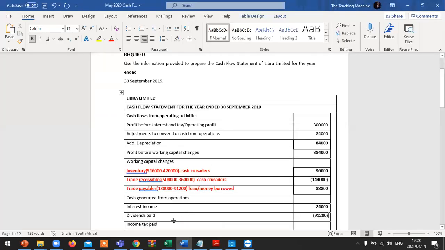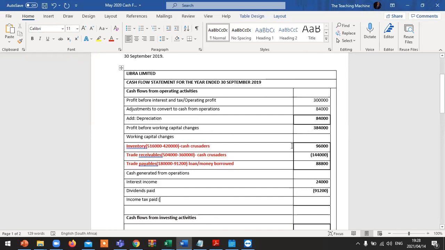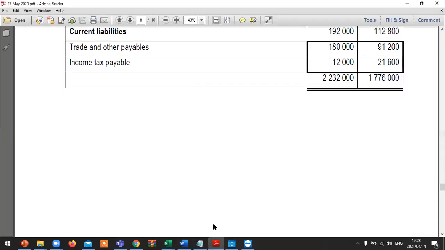Okay. So remind me, what is the income tax payable of the previous year? I just forgot. Let's quickly go. It's 21,600.